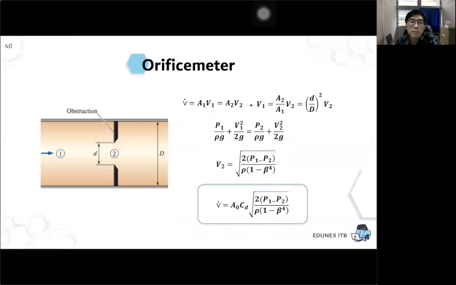With the same principle, you can use the orifice. In an orifice, the change in velocity is caused by the small opening inside the pipe. So you can have the correlation for calculating the velocity as well.